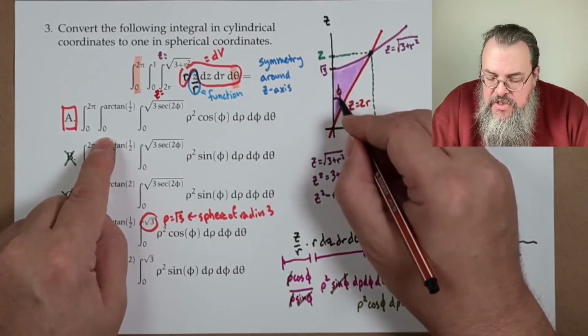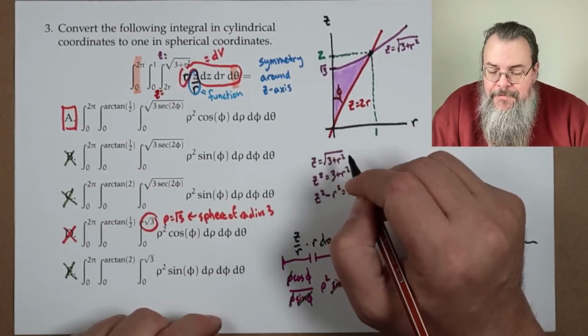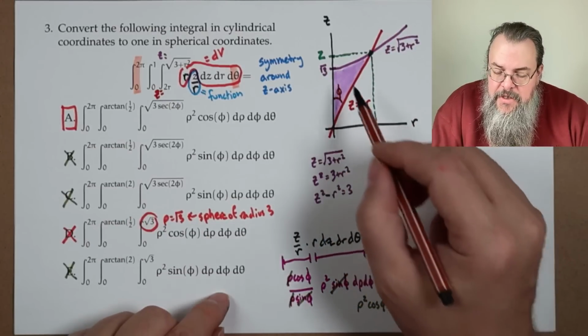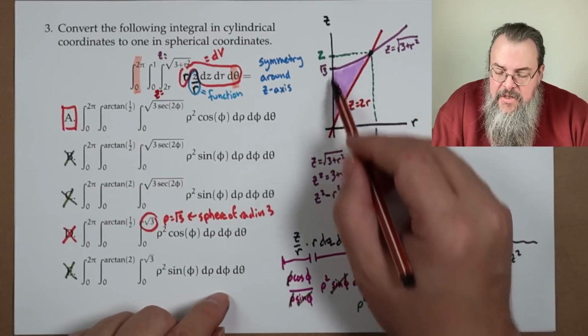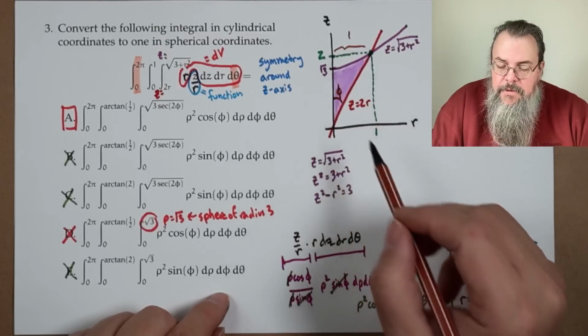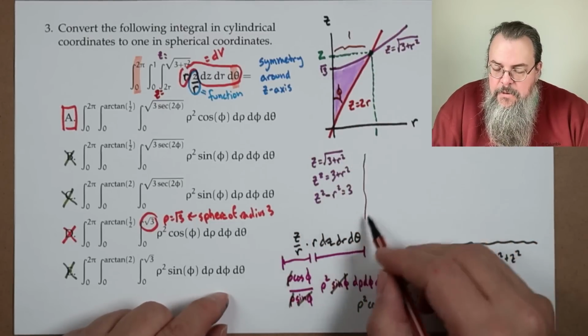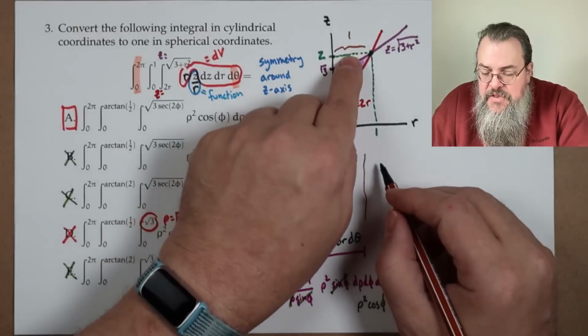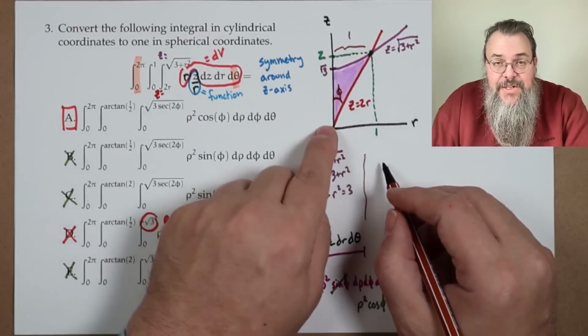So now the question is, what is that angle? Well, if we take a look, we see the height here is 2, this side is 1, and that angle corresponds to when the opposite is 1 and the adjacent is 2.